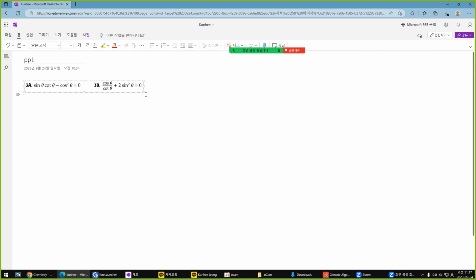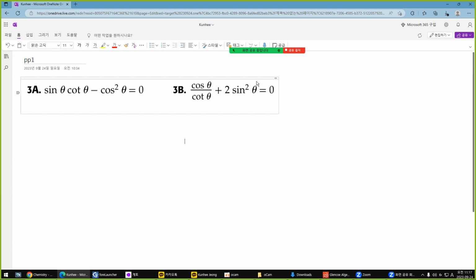So for the first problem, we can first convert this cotangent to a cosine over sine.